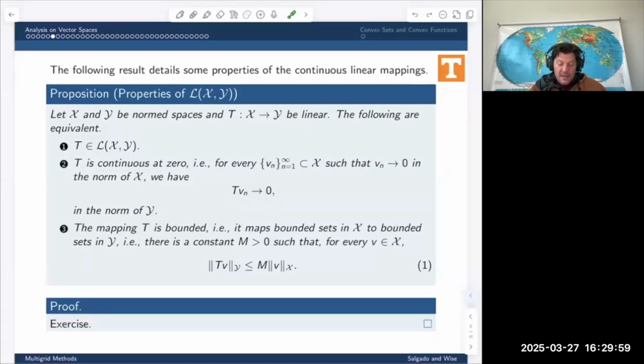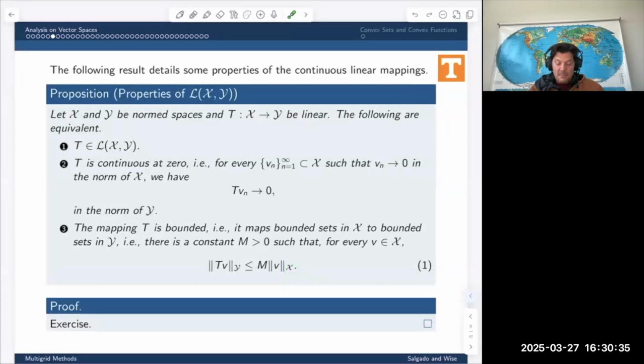And the final thing is the mapping T has to be bounded. In other words, it maps bounded sets in X to bounded sets in Y. That is, there's a constant M greater than 0 such that for every v in X, the norm of Tv in Y, remember T maps v into the Y space, so we take the Y norm on Tv, is less than M times the original norm of v with respect to the X norm.